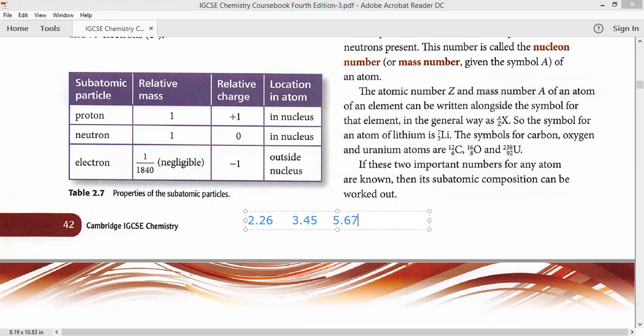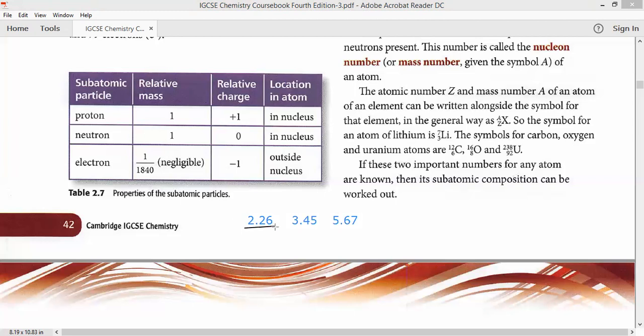In mathematics, if you need to take a ratio between random values or values with decimal figures or scientific notation, you seek out the smallest value. In this case, the smallest value is 2.26. So you're supposed to divide all of these values by 2.26.